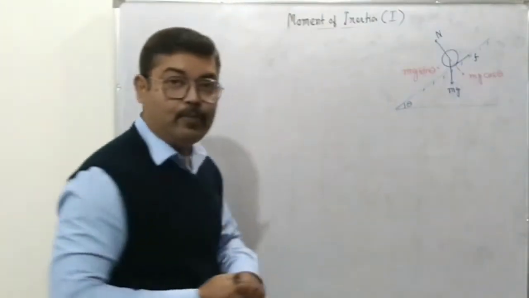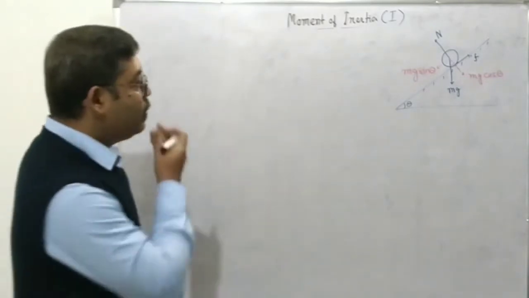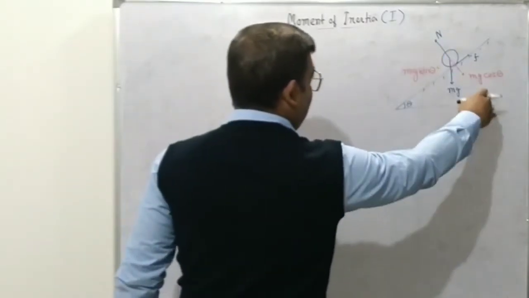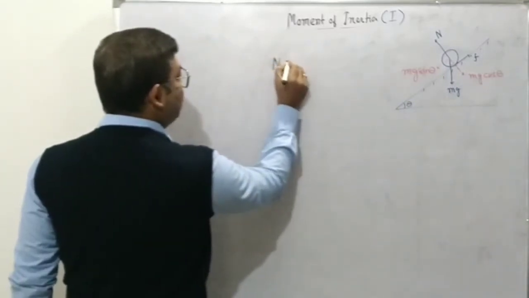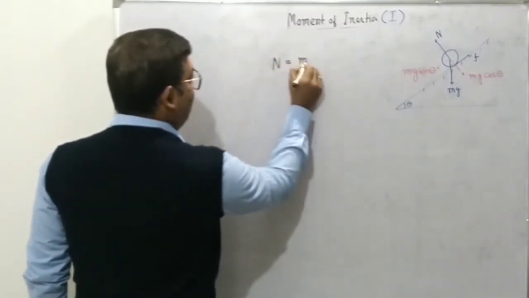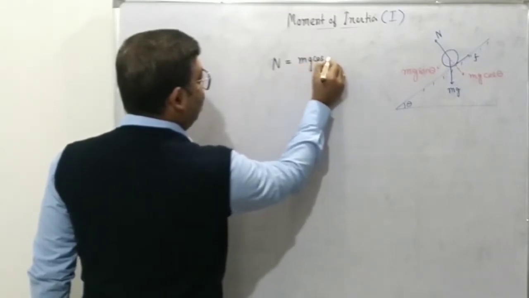So, as we have discussed in the laws of motion, applying Newton's law to the direction perpendicular to the plane, the normal reaction must balance mg cos theta.